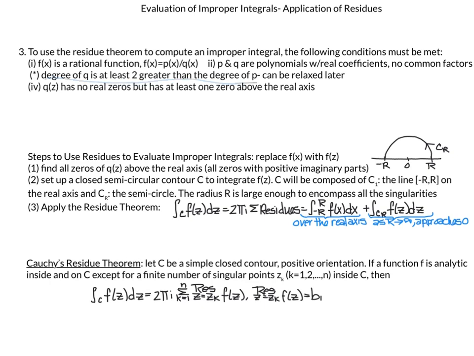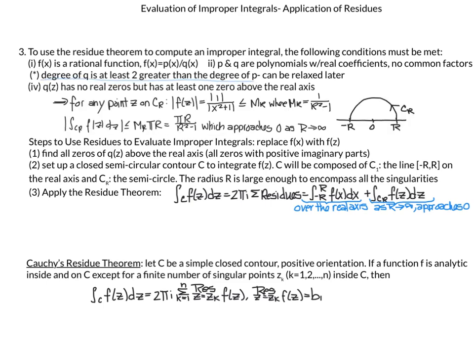In our example problem, when we used our theorem and we looked at the modulus of f of z, we replaced our x squared with z squared, and then on this curve, the modulus of z is equal to r. So wherever we had an x, we would replace it with an r. So if this is our M_R, then we're going to look at the modulus of the integral, so we need to multiply it by the length.